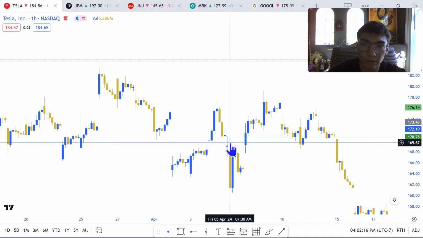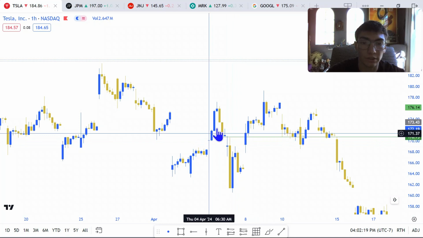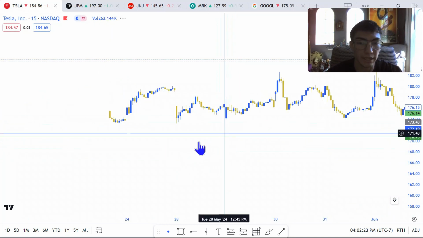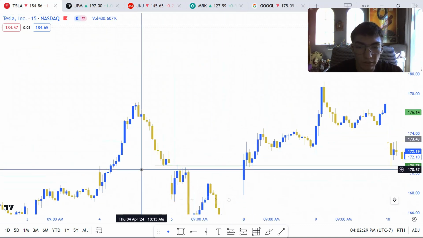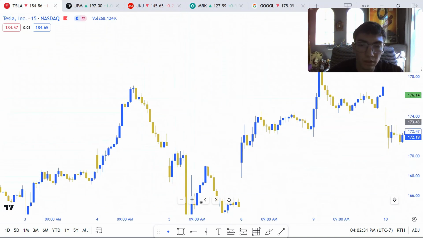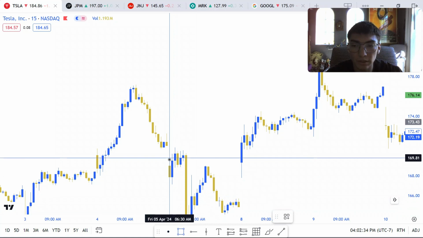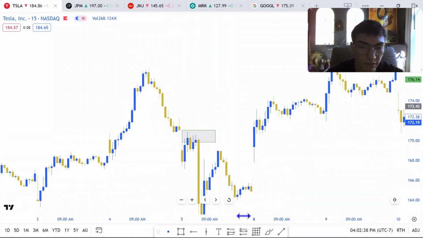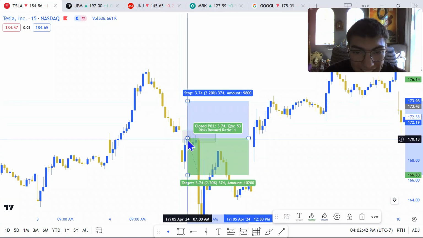So therefore, we saw this low, down candle, up candle on the 1 hour chart. And then we scale into the 15 minute. Look at this, price gap down. So we took note of that, and we said, once it retraces into the gap, I will be going short. What did it do?